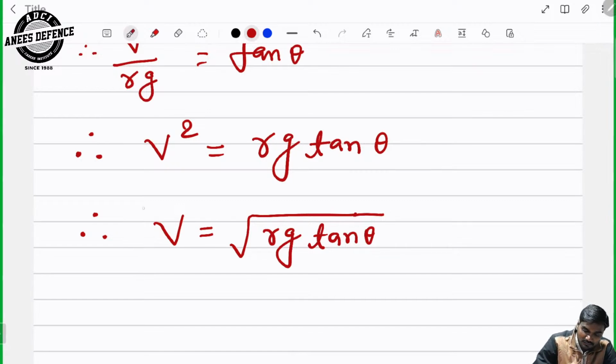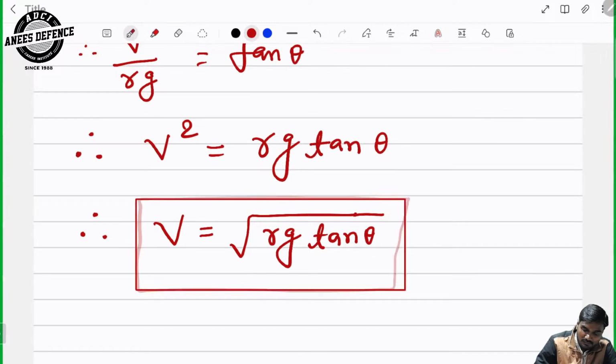Right? Yes. This is the safer speed. Safer speed. Yes or no? Yes.